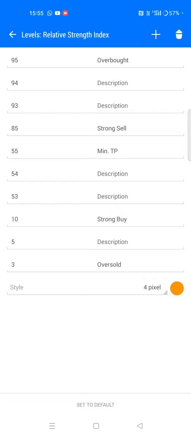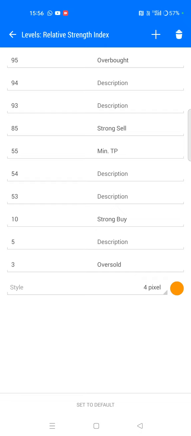Like I said, the thing that I modified is level 85, which is a strong sell, and then 55, 54, 53, these will be the minimum TPs, meaning TP1, take profit number 1. These are for those intraday swingers, those traders who find at least 50 pips a day for minimum TP.